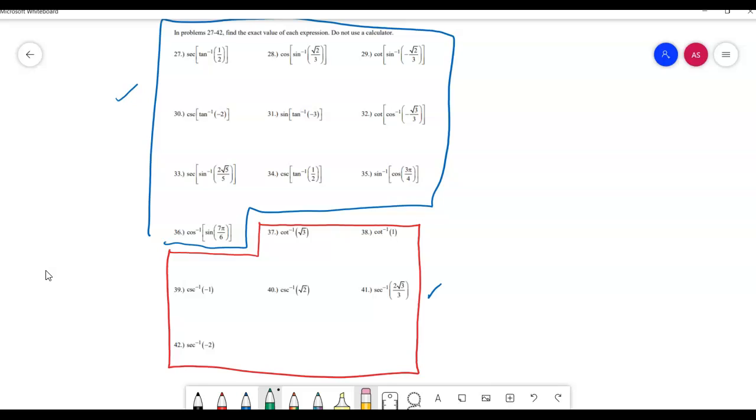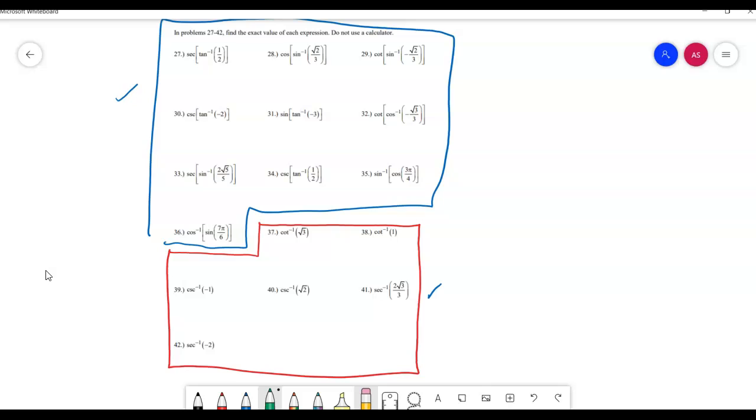Tangent inverse of 1/2, that is not a unit circle problem. When I think of tangent of an angle, I don't think of 1/2. Sine inverse of root 2 over 3, not a unit circle problem. So we'll work that. Sine inverse of negative root 2 over 3. So far, I don't see any unit circle problems.